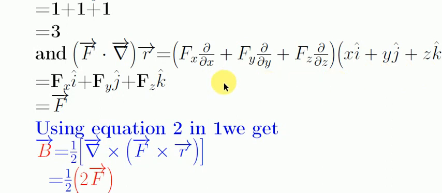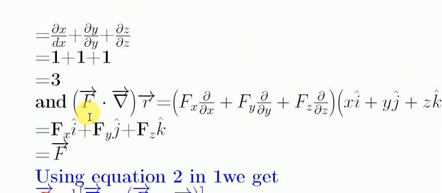If we simplify it, we easily get Fx i cap plus Fy j cap plus Fz k cap, which equals F vector. So this term will be equal to F vector. You may take a screenshot and note it down in your exercise book, and then you can understand it better.